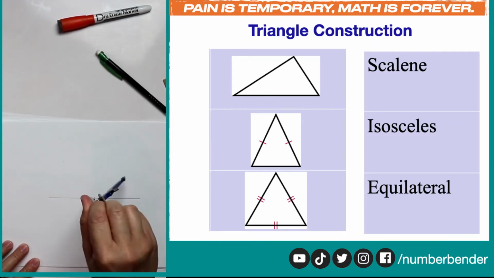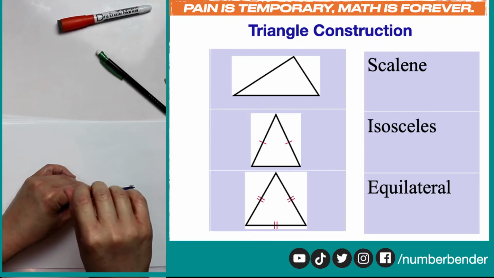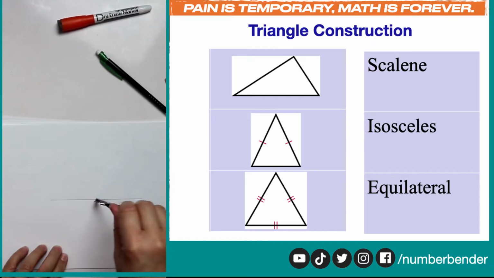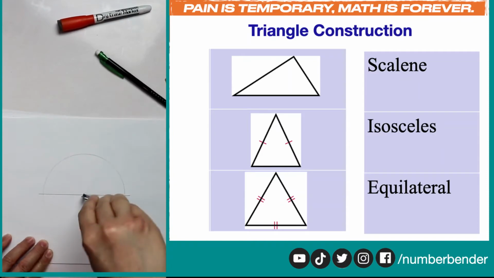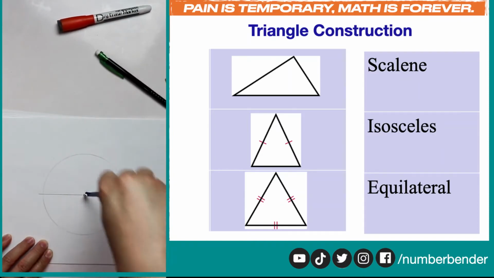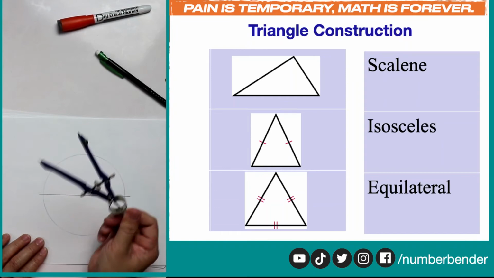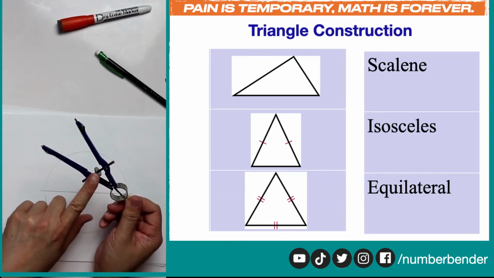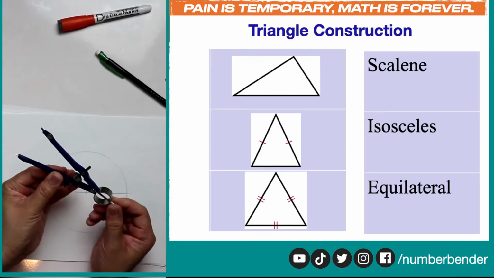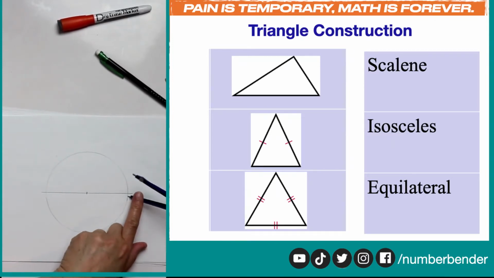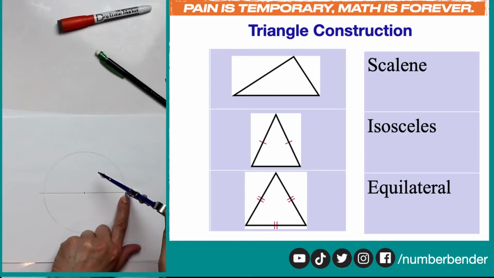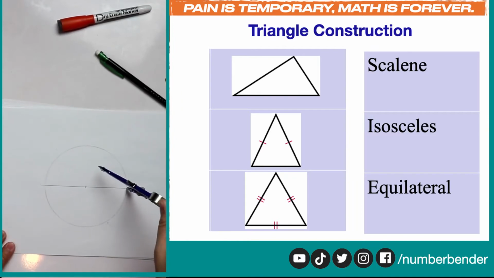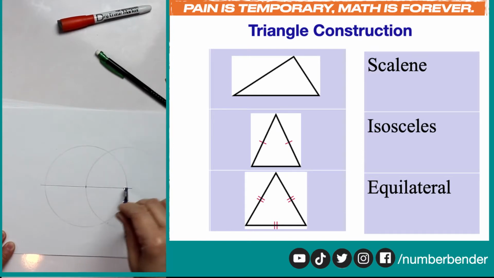And to produce a circle using a compass, we're going to point our needle to the center. Now we'll be able to draw a perfect circle using our compass. And without changing our compass width, which is important, you'll be able to produce an equilateral triangle by pointing your needle to the point right here, which is one of the radii of our circle, and creating a curve like so.